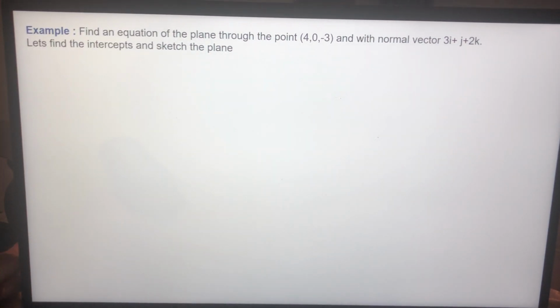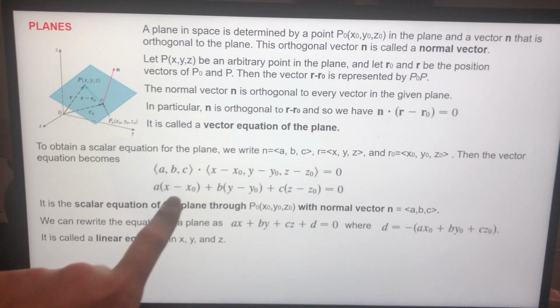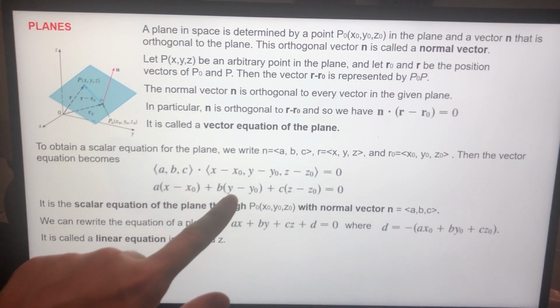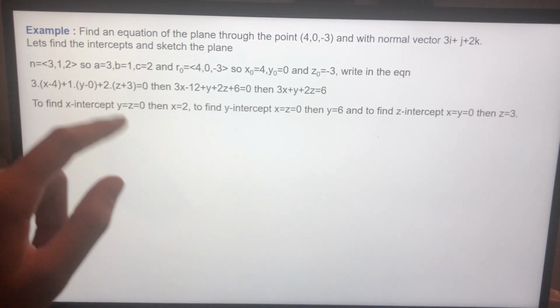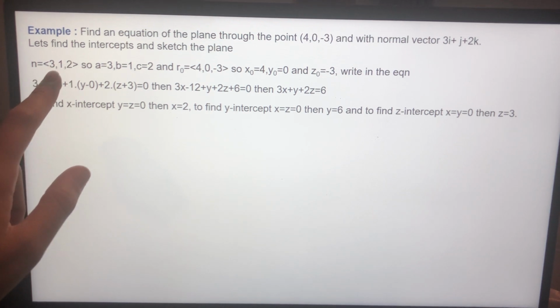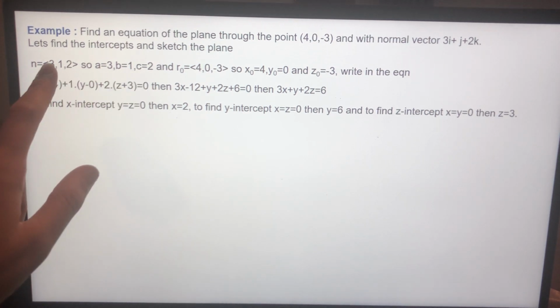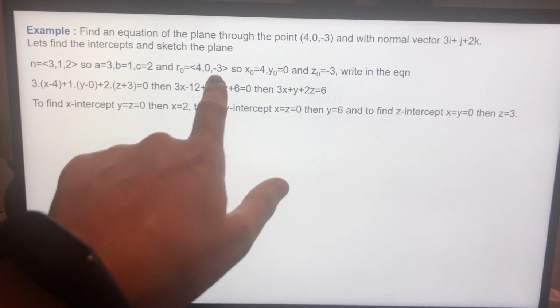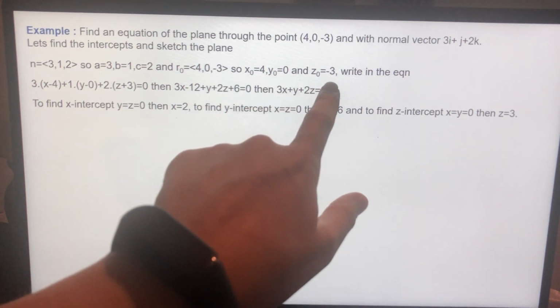Firstly, let's write the equation of the plane according to this definition. A times x minus x0, b times y minus y0, c times z minus z0, and here is given, which is a, b, c, 3, 1, 2. R0 is given, 4, 0, minus 3, which is x0, y0, z0.